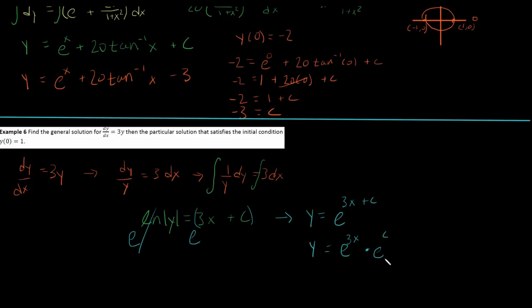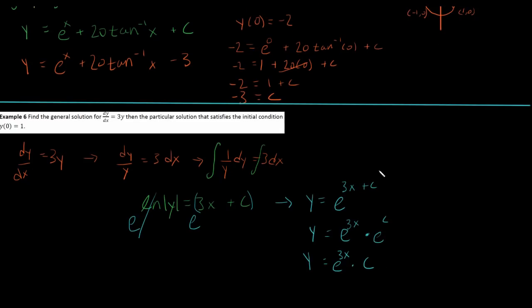So we can simplify this. This is where I know some of you are going to have questions, and that's okay. This is a constant raised to a constant, so we're going to rewrite it as just a constant. We're going to take this whole thing and make it a c, and we can make this look a little nicer. Let's just write this as c e to the 3x. So instead of having a plus c in our general solution, we have a times c, and there's nothing wrong with that.